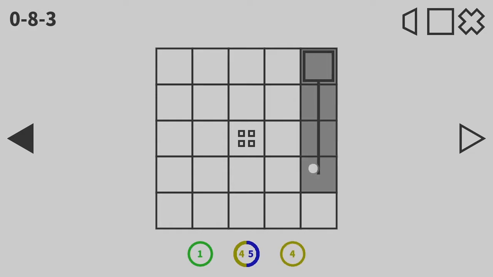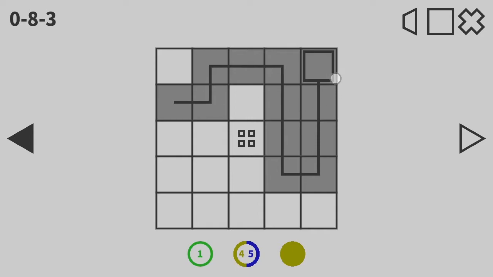Let's try this as well. Not good. Not good. 1, 2, 3, 4. 1, 2, 3, 4. Good. Good. Good.